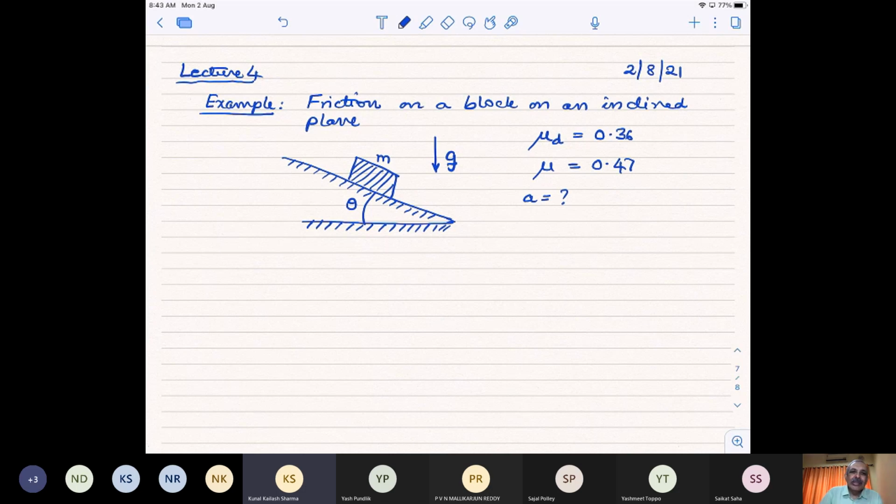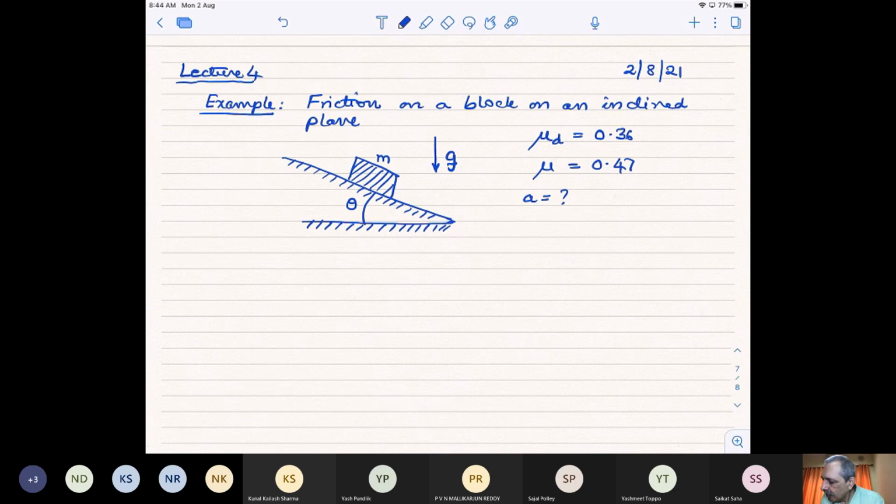Okay, good. So as you go on increasing the angle, there'll be no motion until you reach a particular angle, and at that angle the block will start sliding. But as soon as it starts sliding, the frictional force will come down, and so it will not slide at a constant velocity, but it will accelerate because the frictional force is going to be less than the gravitational force.